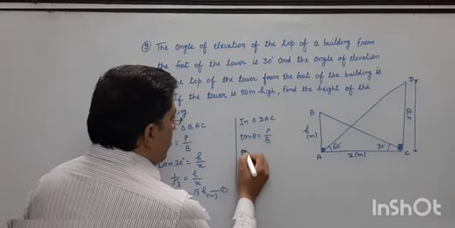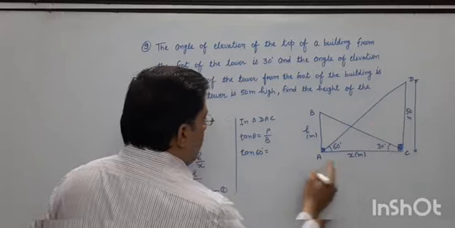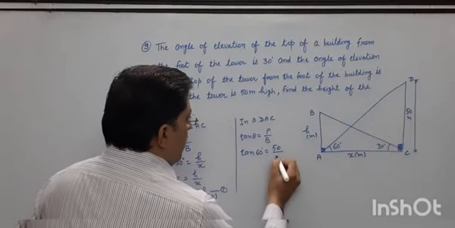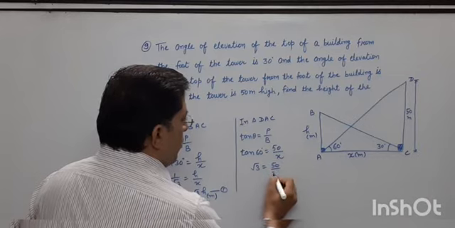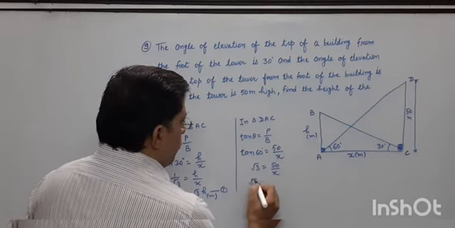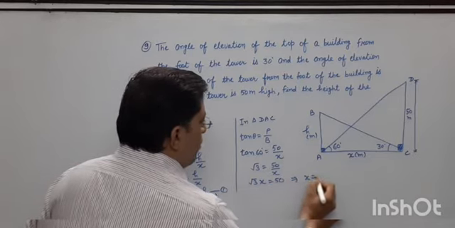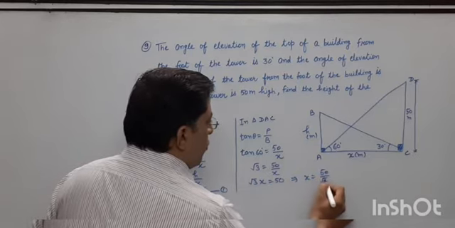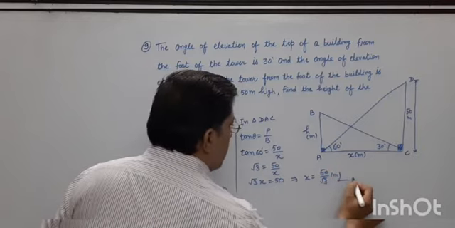So tan 60 degree is equal to perpendicular upon base, 50 upon x. This is root 3, so root 3 x is equal to 50. x is equal to 50 upon root 3 meter. This is second.